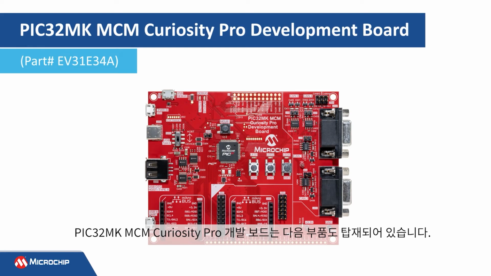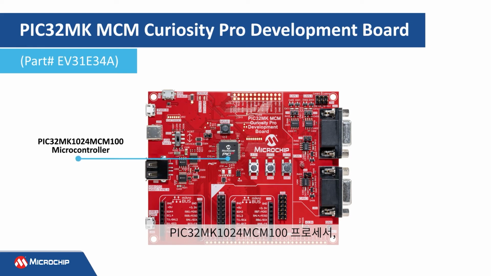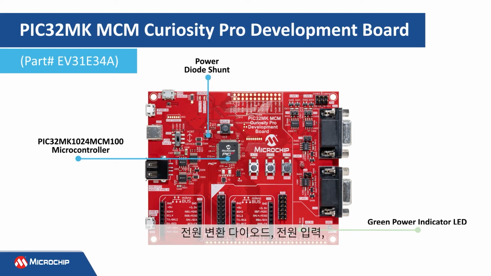The PIC32 MK MCM Curiosity Pro development board contains a PIC32 MK1024 MCM100 processor, a green power indicator LED, a power diode shunt, and a power in.